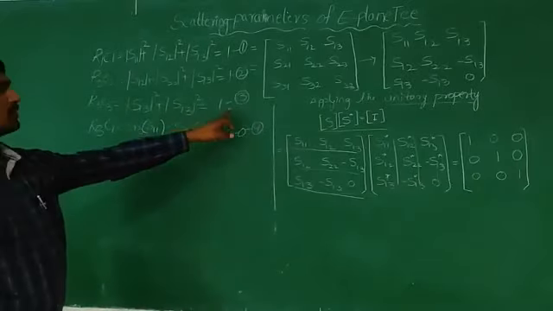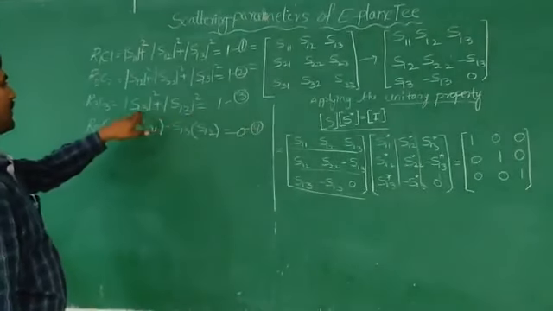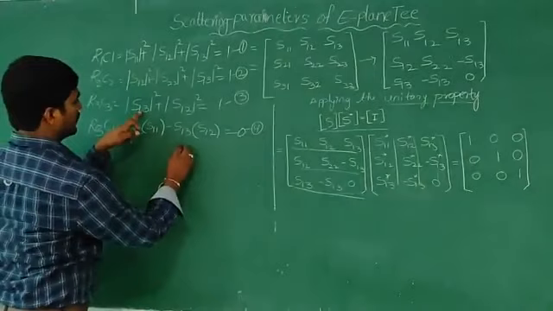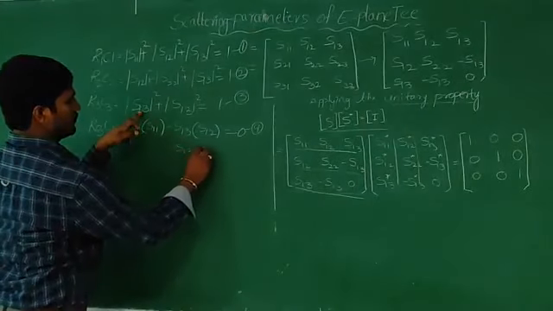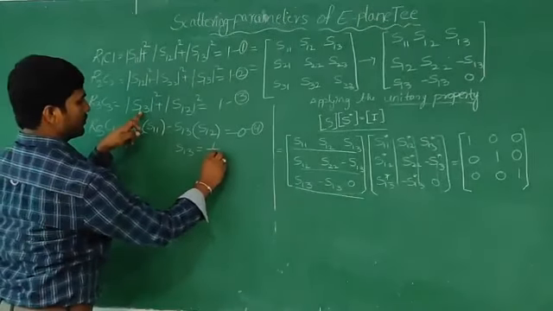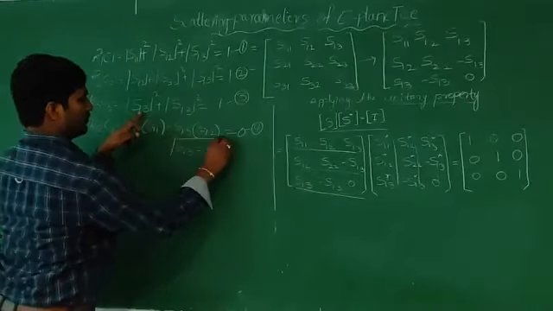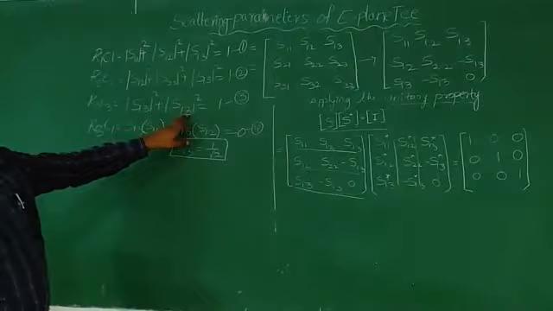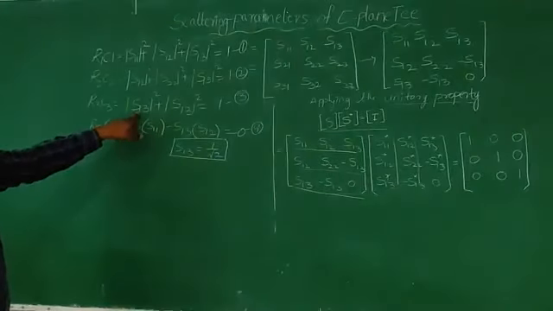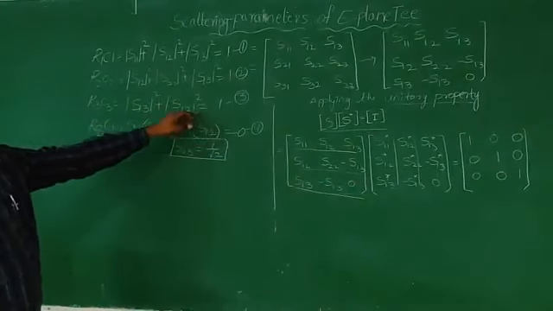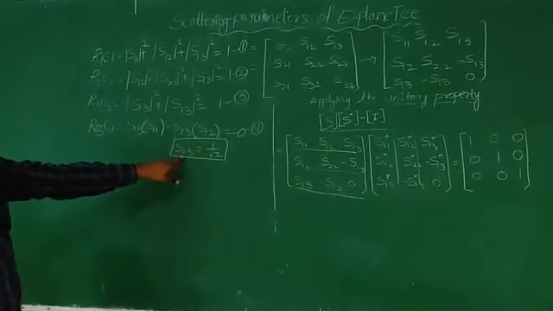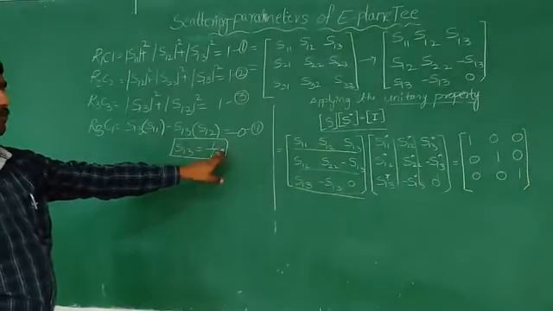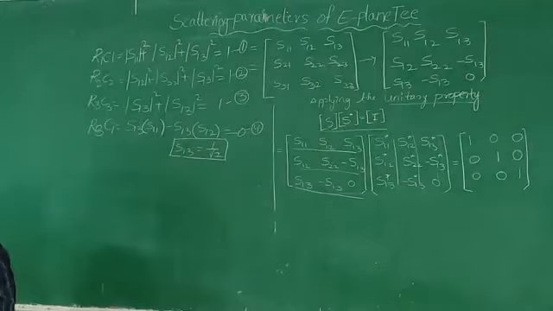From equation 3 we can write S13 equals to 1 by root 2. How we get? It is S13 square plus S13 square is equal to 1. We can write as 2 into S13 square is equals to 1. That's why from here we can write S13 is equals to 1 by root 2.